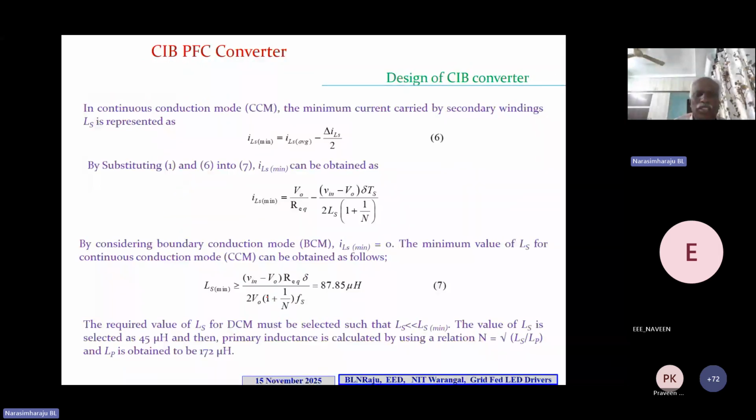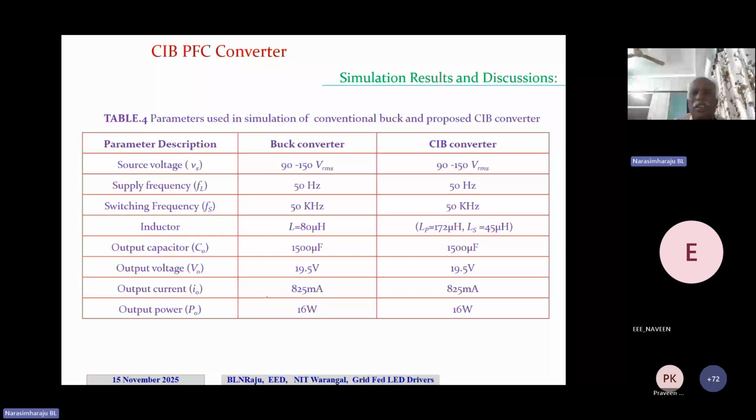Then all these are the design process, and we took some comparison, and we validated the performance with respect to input source voltage variation from 90 volts to 150 volts. We wanted to go even up to 200 volts, but as we go to higher voltage, there is some problem we faced.